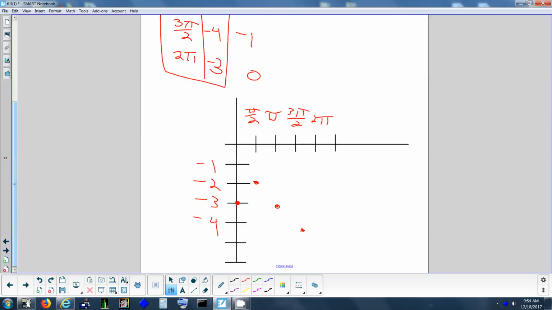It'll be a little easier for you to line up the points because you're going to have a grid. But basically, kind of like that. So there's your graph of sine shifted down 3. Okay, questions on that?